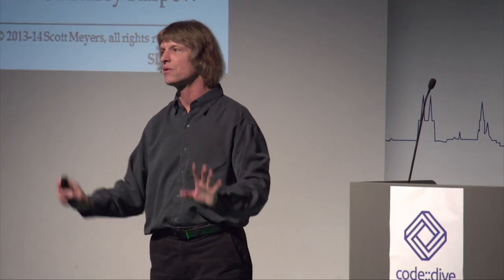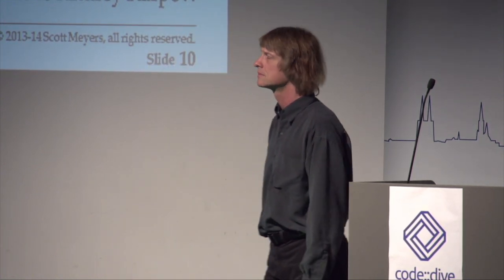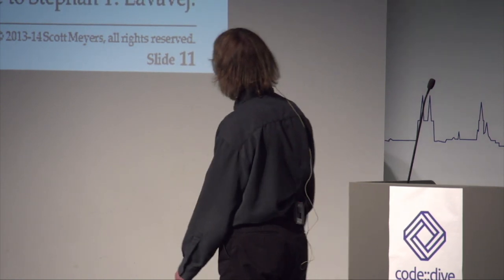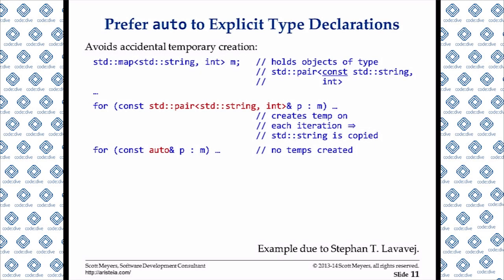So now we're moving a little bit away from simply avoiding too much typing. If I have a map where the keys are strings and the values are integers, then what I might say is, okay, m is such a map, and for every element in the map, I want to do something. But I don't want to copy every element that is in the map. Instead, I want to actually refer to the specific element that is in the map that I'm iterating over.